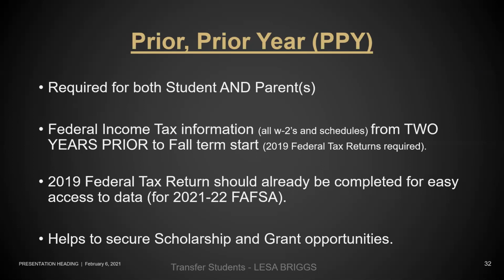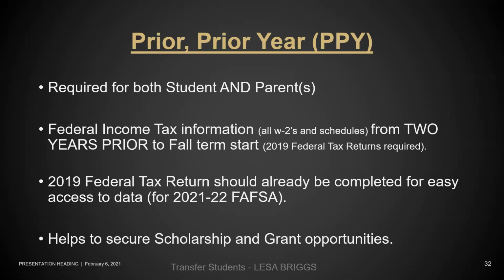But students were missing out on scholarship and grant opportunities because parents weren't able to get their taxes done in time or before those scholarship deadlines, and a lot of the scholarship donors were requesting copies of the student aid report. So therefore, they changed it to a 2-year prior tax return.